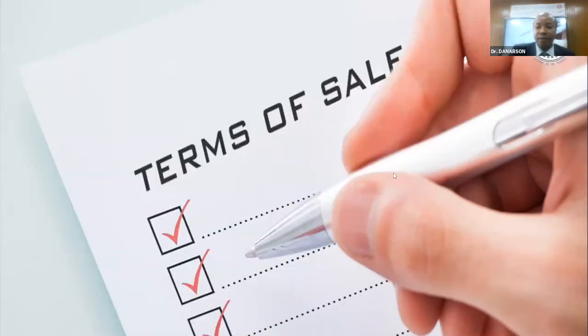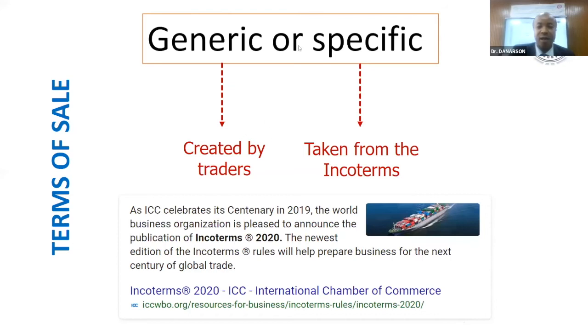So now, moving on to terms of sale. It can be what we call generic or specific. A generic term of sale is like, if you are doing business, you might say, okay, you, Harris, well, that's my name for example, you're going to pay me.